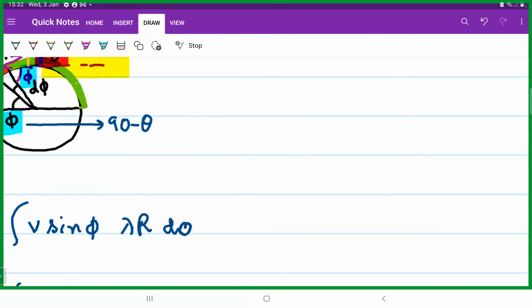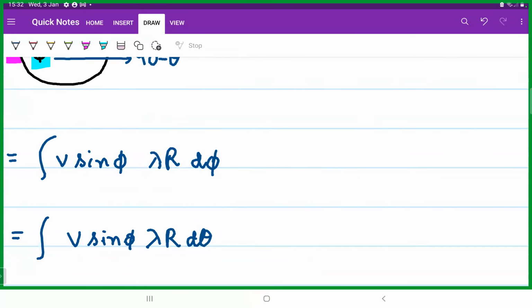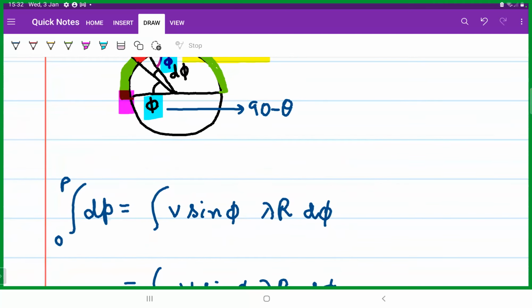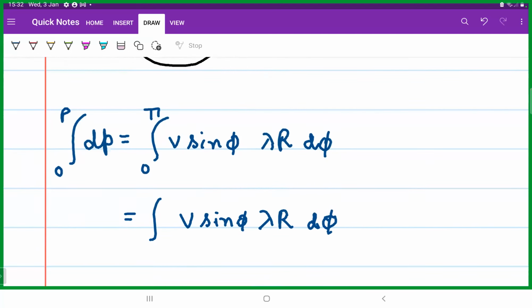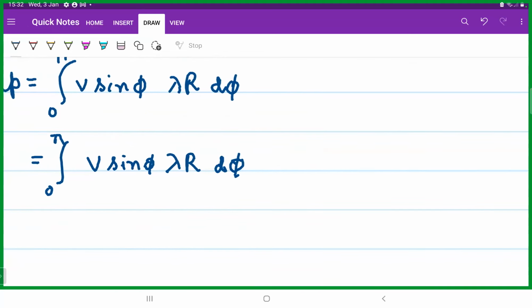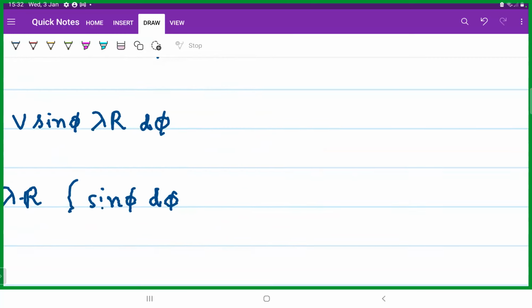So this thing is d phi. The limits of phi will be from 0 to pi. As we know, velocity is constant, lambda is constant, r is constant. So we'll now integrate sine phi from 0 to 180 degrees.